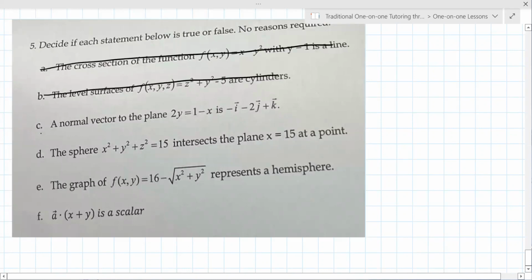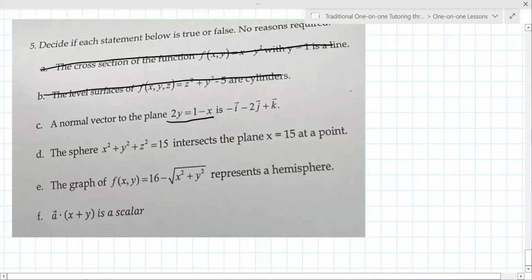So let's look at C. A normal vector to the plane 2y equals 1 minus x is minus 1 minus 2j plus k. One of the problems with this is it's not even written in the right format. You really don't want to have x's and y's all on one side. So let's move the y.